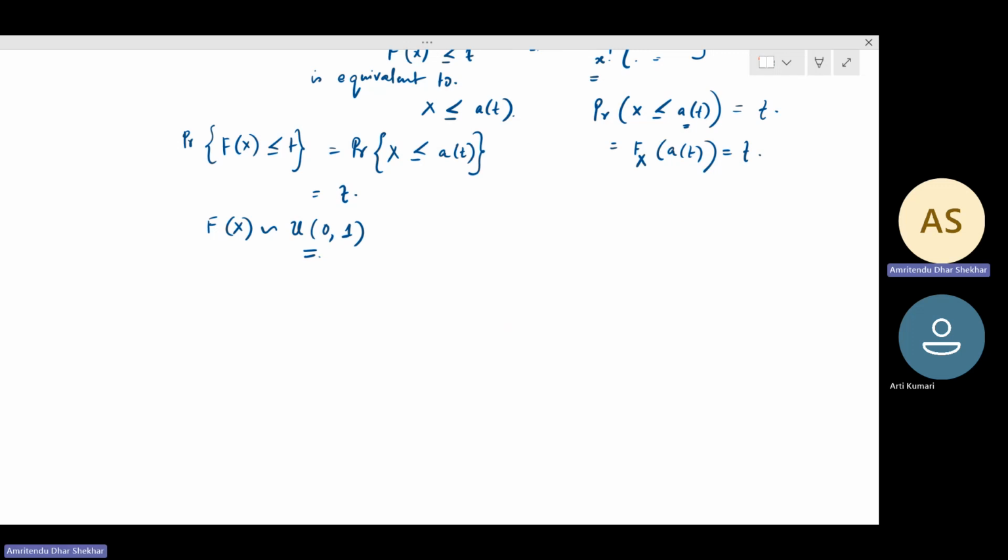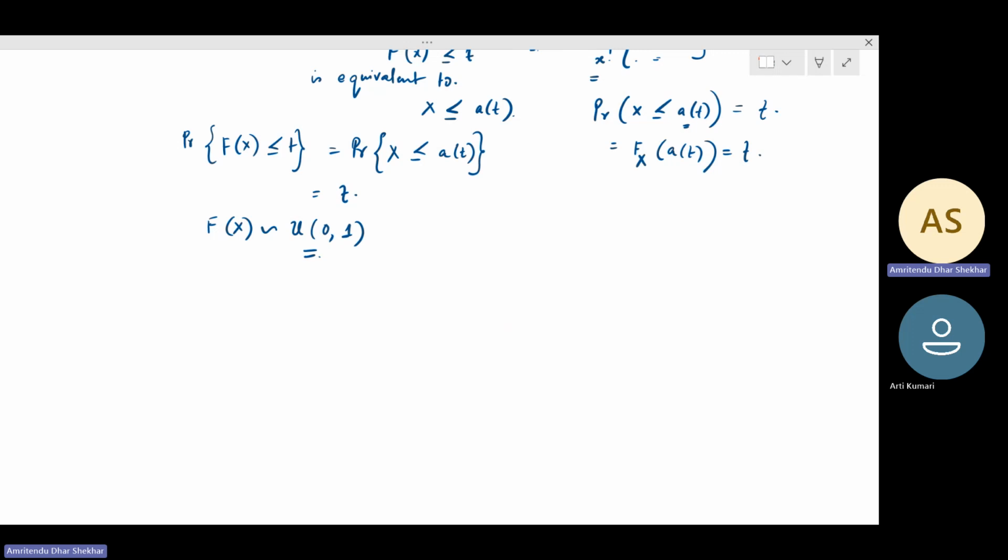For instance, if I tell you, simulate a Bernoulli random variable with parameter half, that's like saying I'm going to take a fair coin, and I can toss that coin, and that gives me a way to generate this Bernoulli random variable.